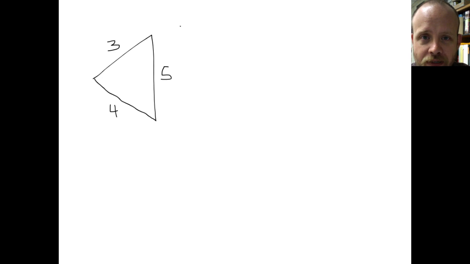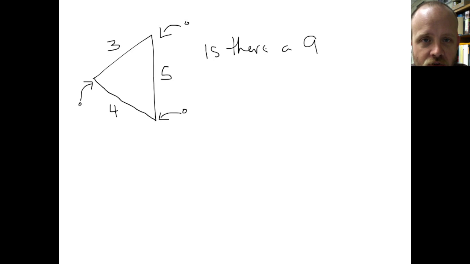Where is it? We don't really know. Each of these, they don't really look like 90 degrees at all. And, well, we're not going to mess with protractors or anything. The question we have to ask is, is there an angle in this triangle that is 90 degrees? And just based on the art, we don't know.